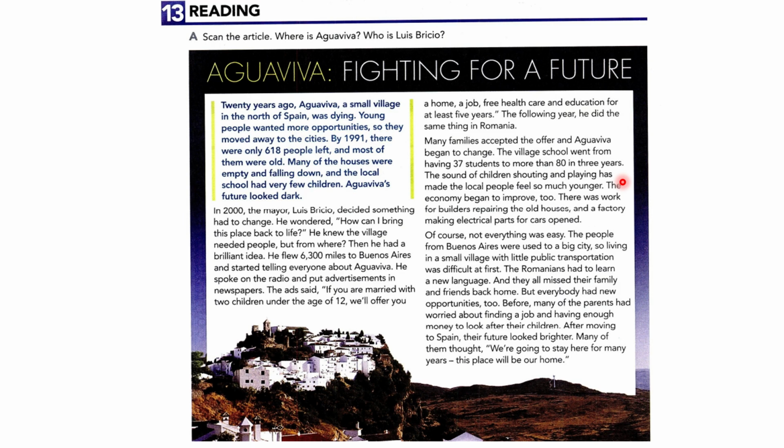The sound of children shouting and playing has made the local people feel so much younger. The economy began to improve too. There was work for builders repairing the old houses and a factory making electrical parts for cars opened.